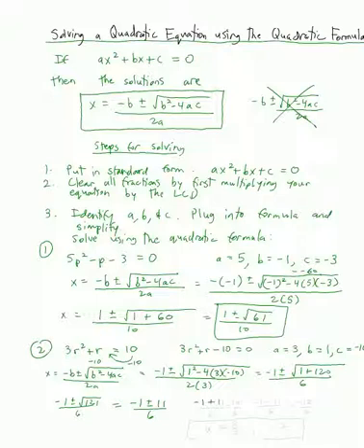So in this case, you actually write out the two answers. Negative 1 plus 11 over 6, negative 1 minus 11 over 6. So this one gives us 10 over 6, which is 5/3. And this one gives us negative 12 over 6, which is negative 2. So my two answers are 5/3 and negative 2.